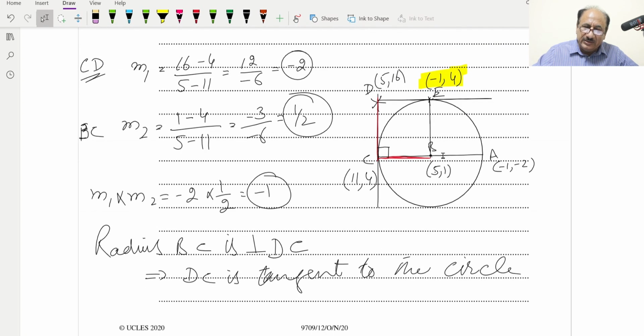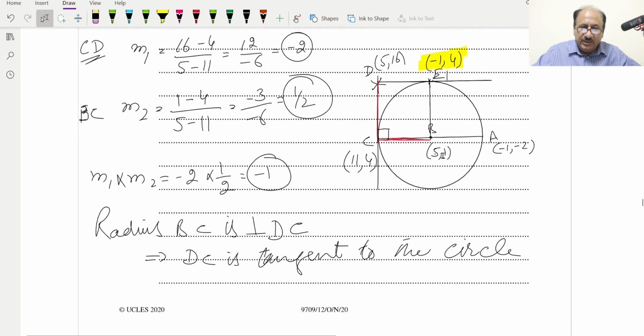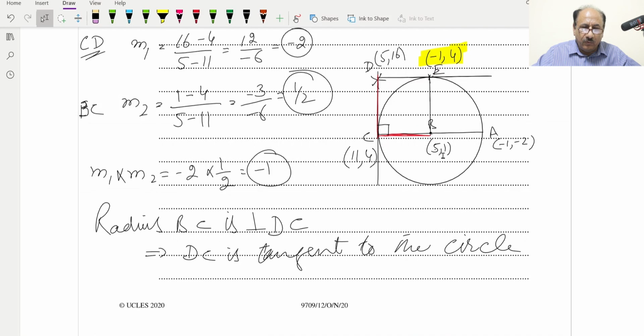We can write DC in terms of vectors. D point and C point I will be copying. So D is 5 and 16 and C is 11 and 4.